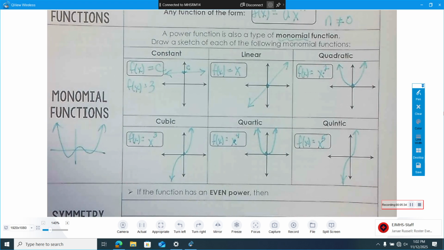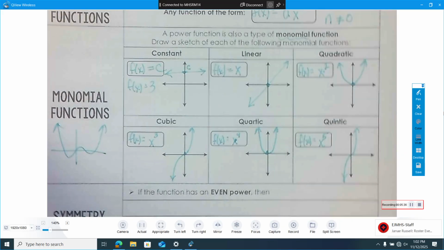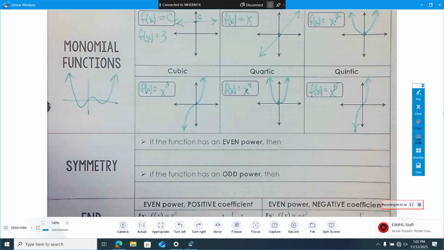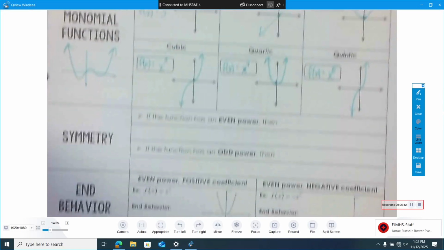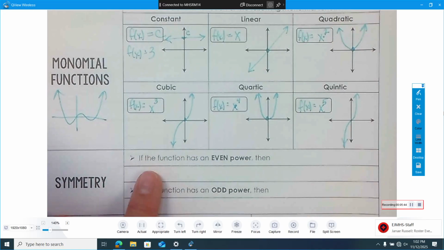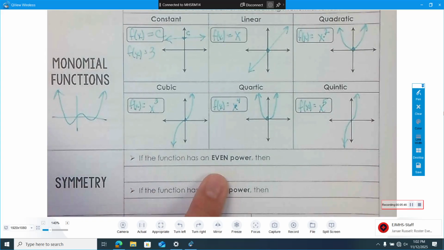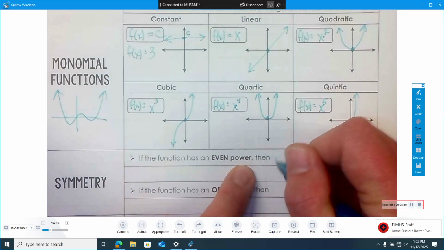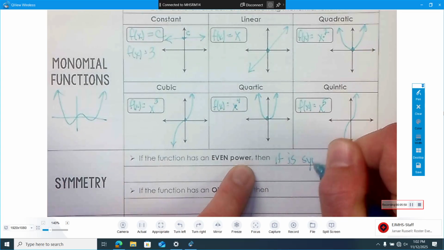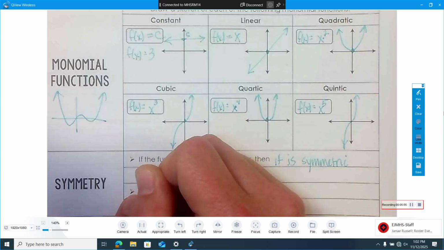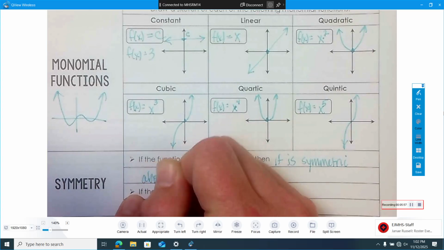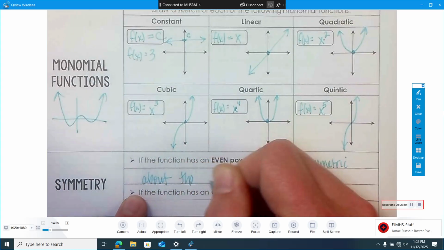And so this is important to think about because it lends itself to symmetry and behavior of many, many different types of functions. So if the function has an even power, then it is symmetric about the y-axis.